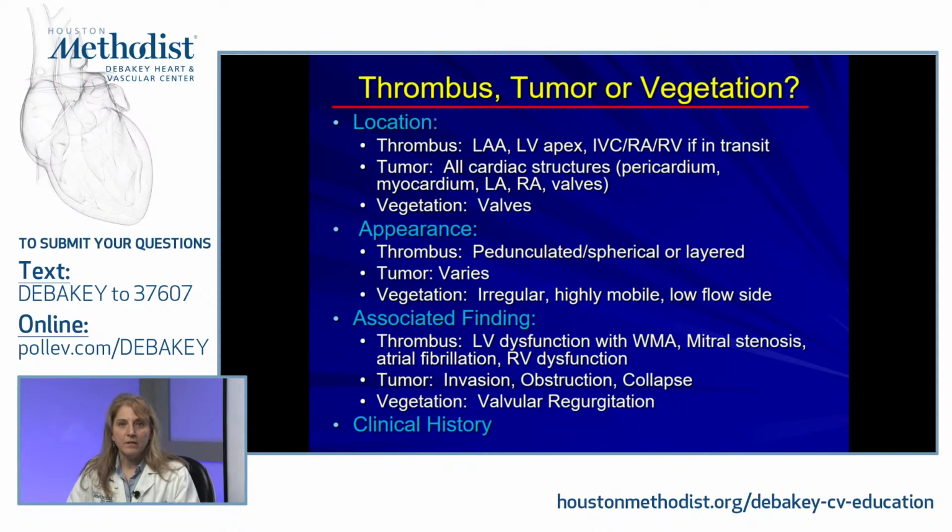For a thrombus in transit, you're looking to see whether or not there's RV dysfunction, telling you that it's already made its way to the lungs and resulting in significant pulmonary hypertension and subsequently RV dysfunction. A tumor, you're looking for invasion, obstruction, and collapse. And of course, for vegetations, you're looking for valvular regurgitation. And the clinical history will be very, very important in allowing you to put all of these pieces together to try and determine exactly which one of the three it is.